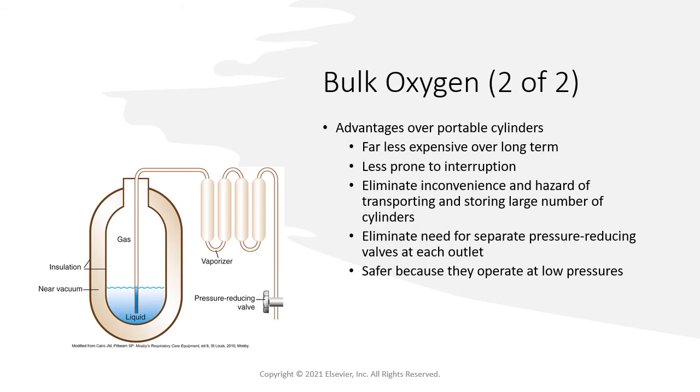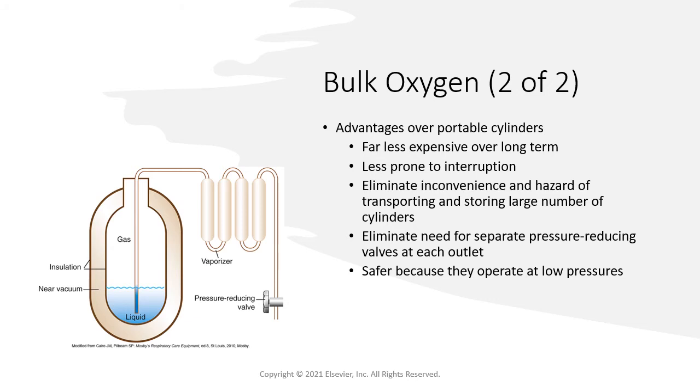A bulk O2 system has several advantages over portable cylinders. Although initially expensive to construct, bulk oxygen systems are far less expensive over the long term. Bulk O2 systems are less prone to interruption. These systems eliminate the inconvenience and hazard of transporting and storing numerous cylinders.